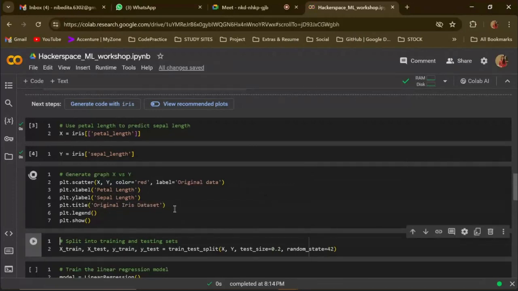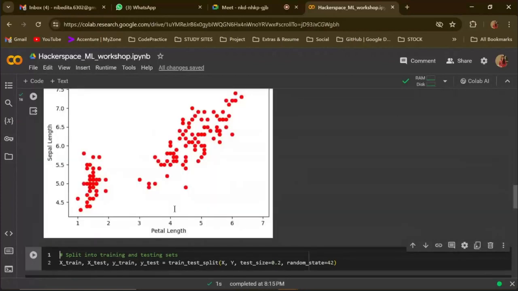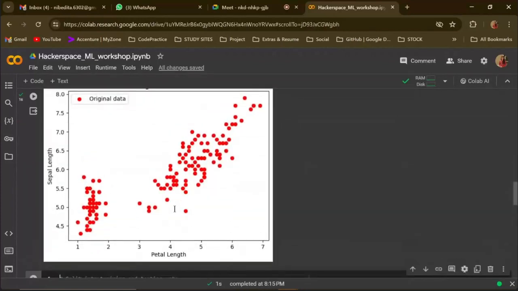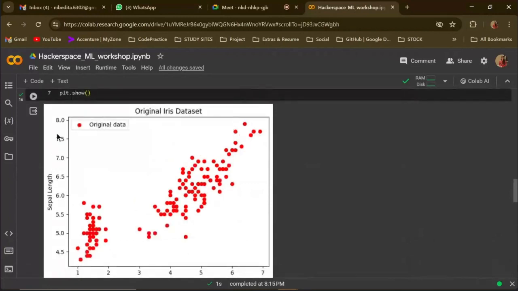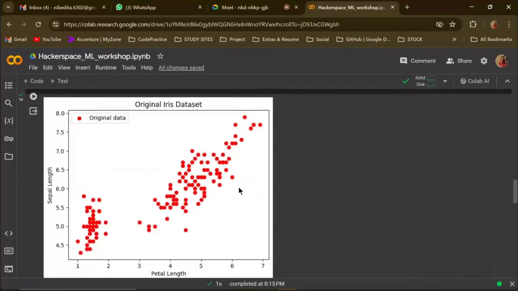Okay, so this is the kind of data we get. Petal length is given here and the sepal length is given on the y-axis. So this is the kind of data.